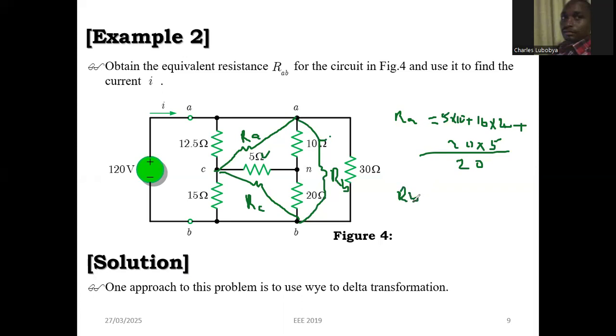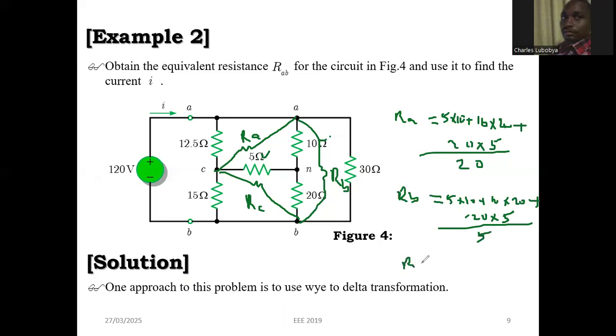Find RB, it will be, again, the numerator will remain the same, 5 times 10 plus 10 multiplied by 20 plus 20 multiplied by 5, everything divided by 5.